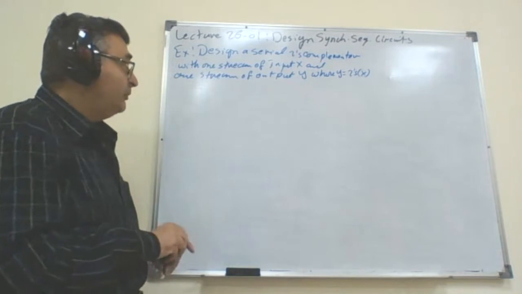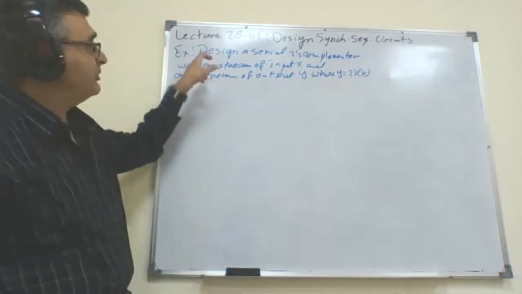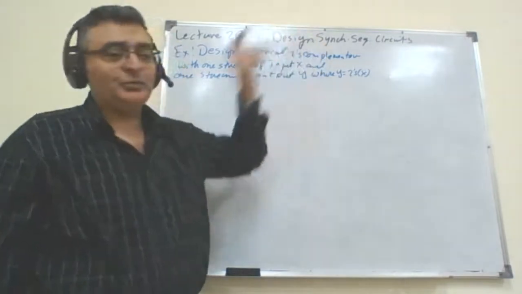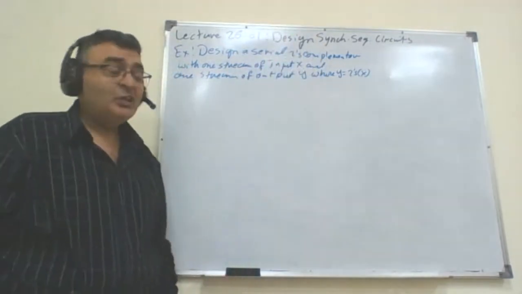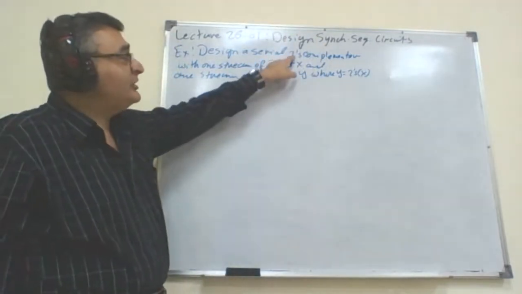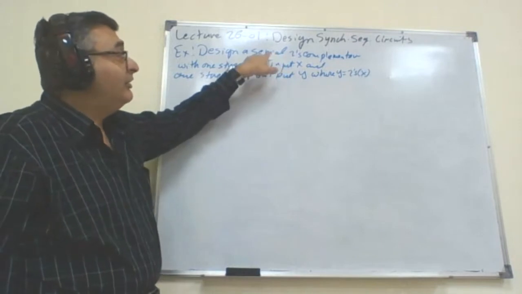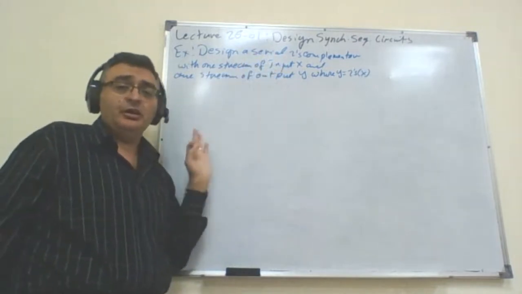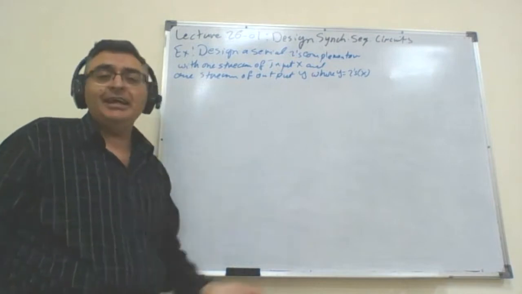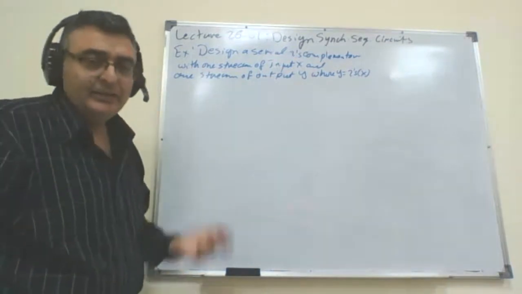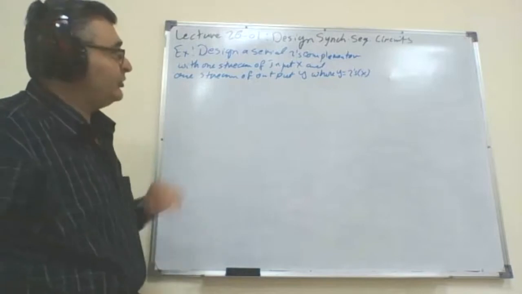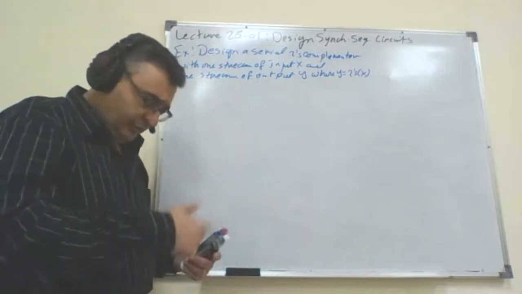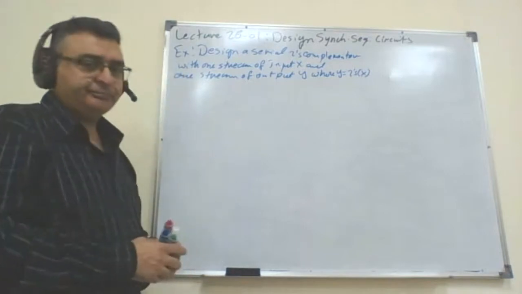Okay. The problem is asking me to design a serial 2's complementer. So I have first to understand what a 2's complementer is. However, right now, since the word serial comes into the question, this indicates that it is a synchronous sequential circuit, or a sequential circuit in general, because the process will be performed serially.